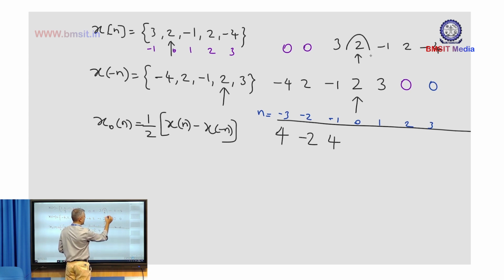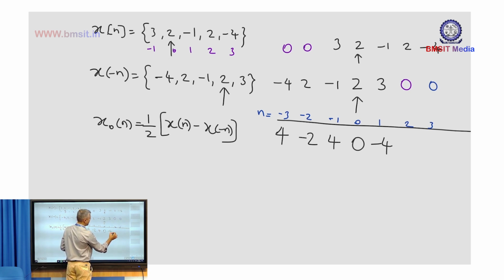Similarly, I need to subtract 2 from 2, so this is 0. Similarly, you have to subtract 3 from minus 1, so this will be minus 4, and 0 from 2, and 0 from minus 4.